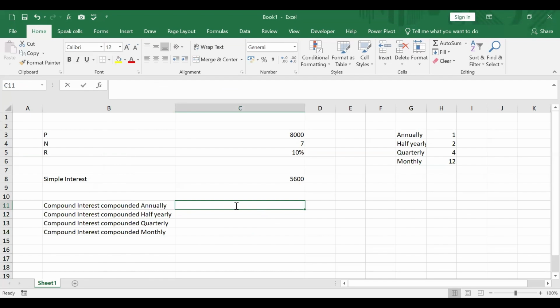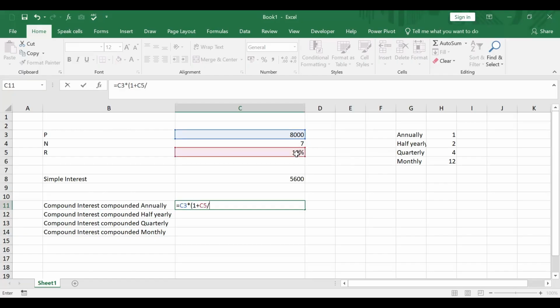So the formula is, first of all, I have to compute the amount, and then subtract the P from there. So the formula is equal to P star, 1 plus whatever be the rate divided by the period, hat for power, number of periods, that is number of years into how many times, once a year.